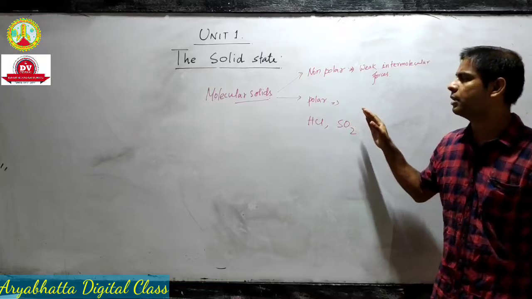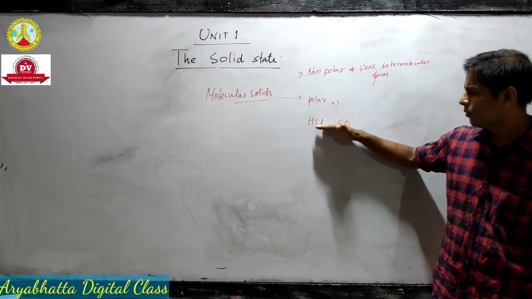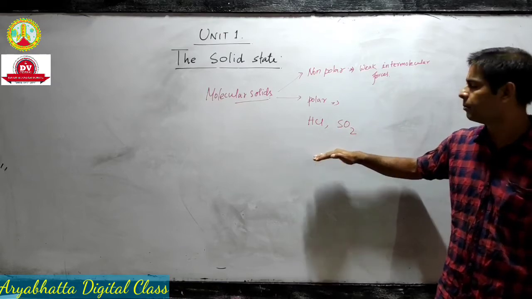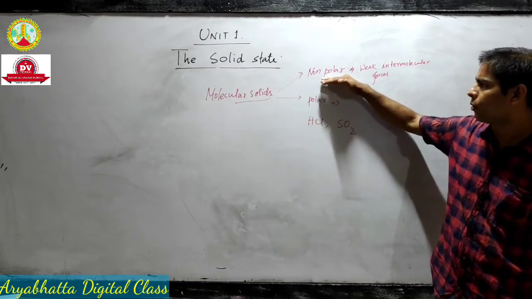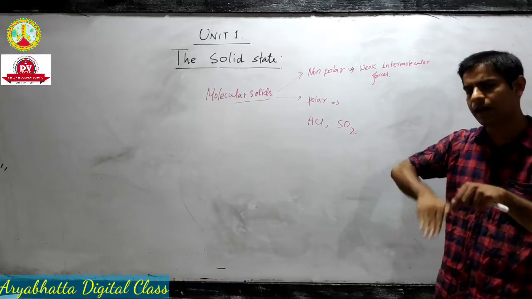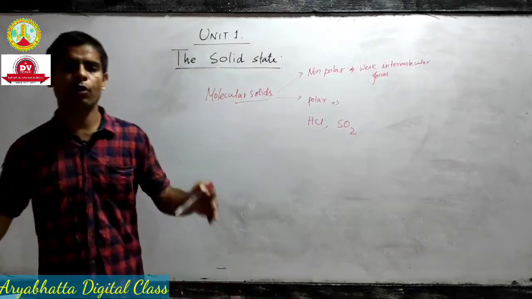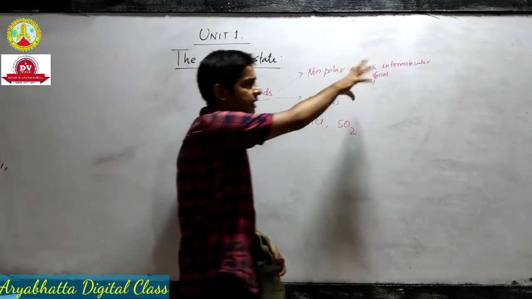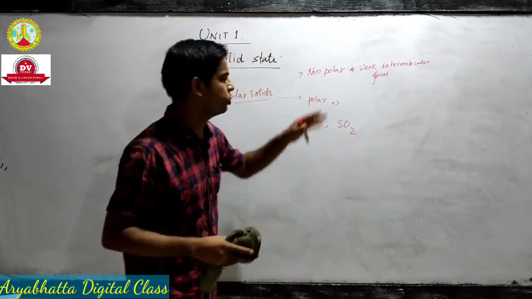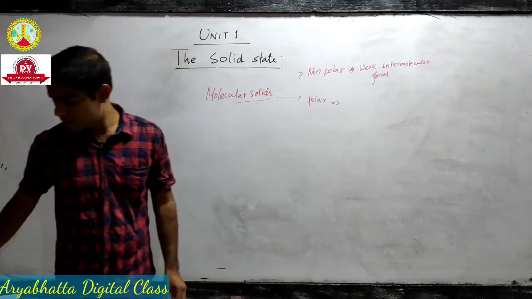Polar molecules also have a very low melting point, but compared to non-polar solids, they have a relatively higher melting point, because of the dipole interaction. That means the intermolecular forces are stronger in polar molecular solids.